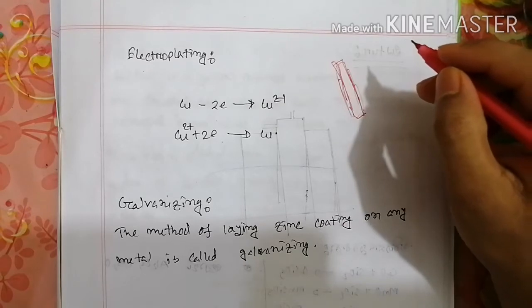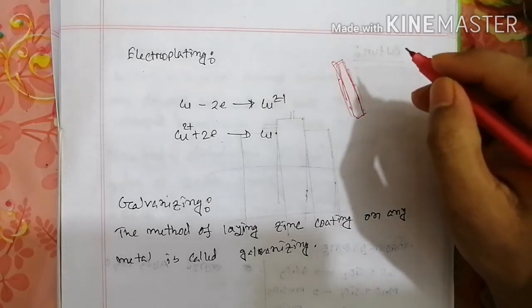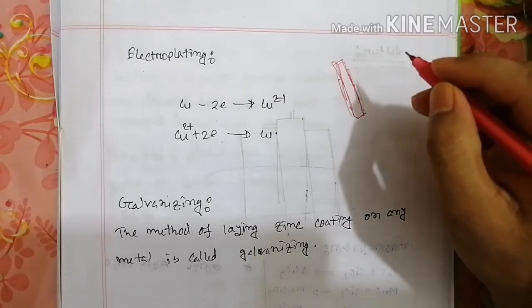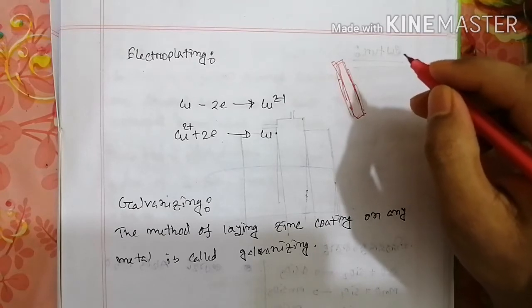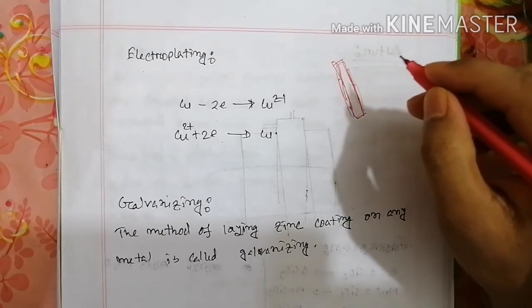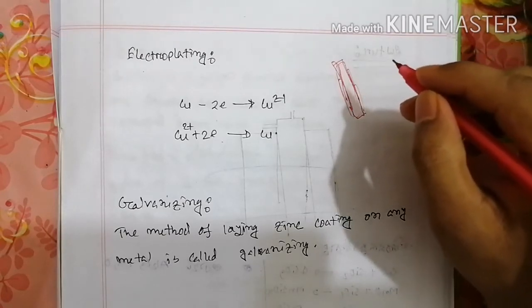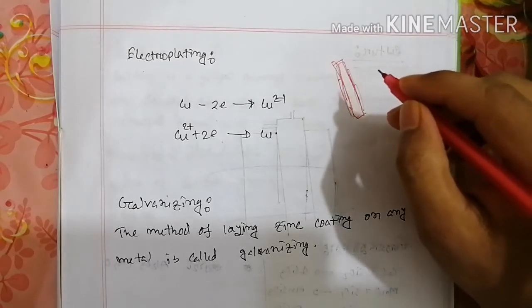In this method, the metal that will be the coating is connected with the positive terminal of the battery, and the metal that will get the coating is connected with the negative terminal. Then the electroplating is done through electrolysis.